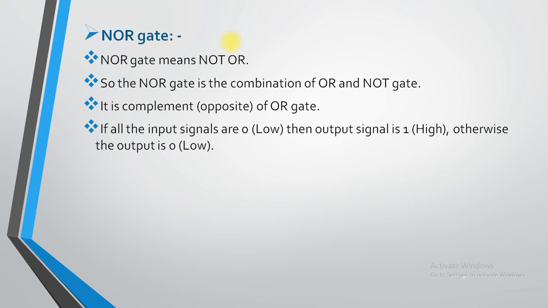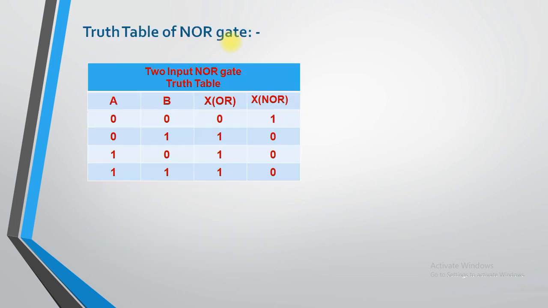Last point we will write with the help of truth table. These are the input variables and you need to write all the possible combinations in the truth table. This is the output of OR. In the OR we have written that if both the input variables are 0, at that time the value of X is 0.